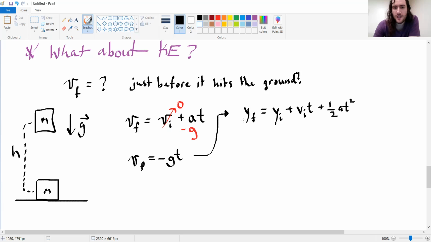The final position of the block is going to be 0 because it's going to be at the ground. The initial y is going to be h. The initial velocity is going to be 0 again, because we drop this thing from a height h. If we just drop it, we don't throw it, it's 0. And then, of course, our acceleration is going to be minus g.